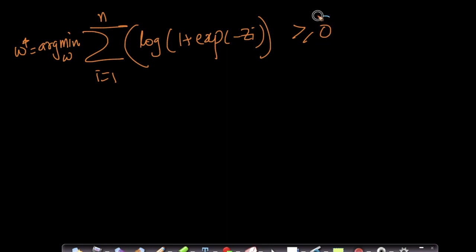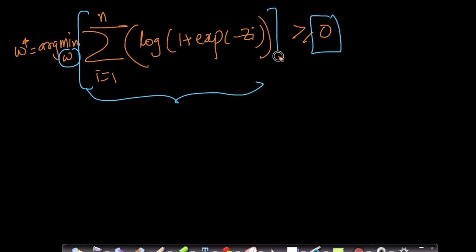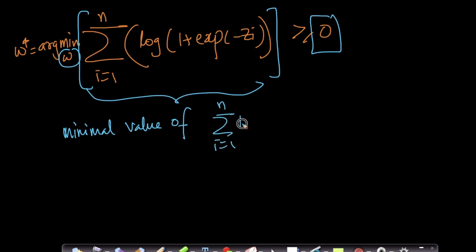We just showed that the least value that this summation can take is 0. So the minimal value of the summation from i equals 1 to n of log of 1 plus exp of minus zi is 0.